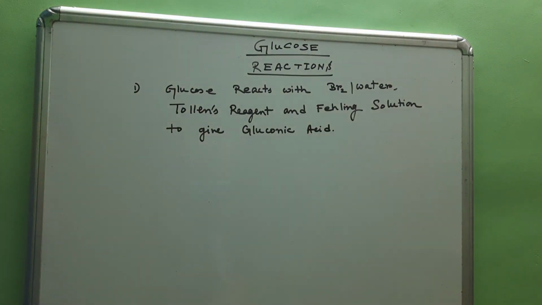So what is gluconic acid? Gluconic acid is a 6 carbon carboxylic acid.